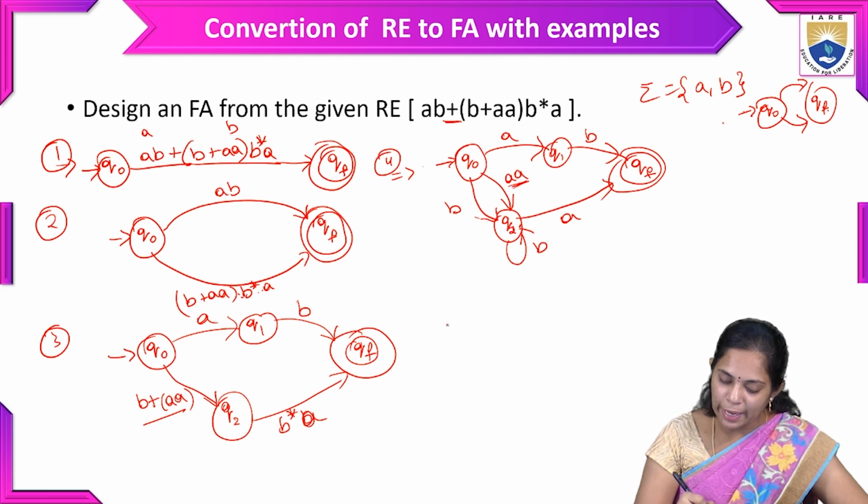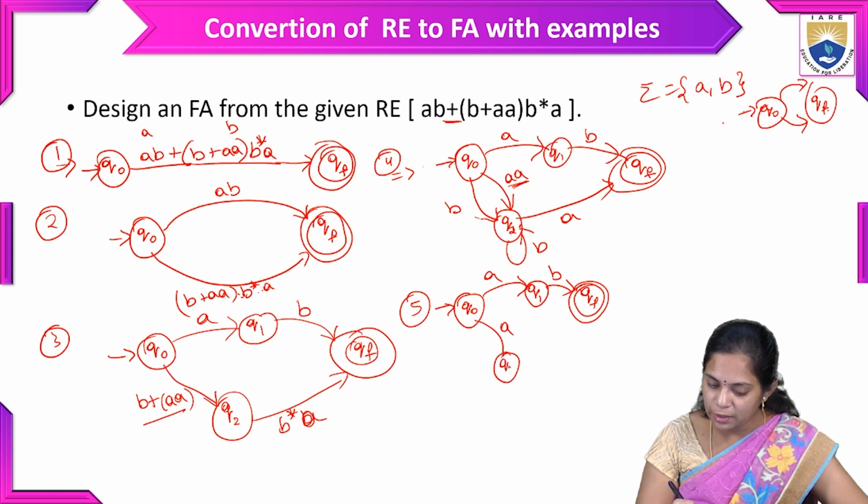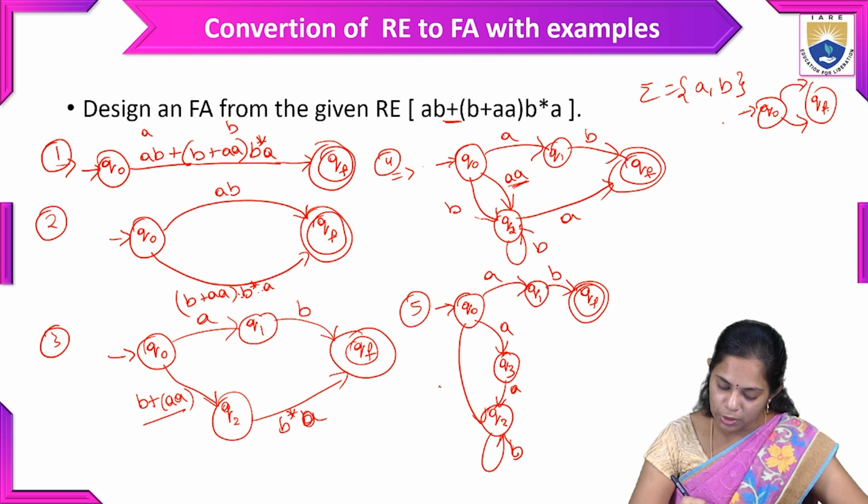So after solving the A, we have to add one more state to this one, and the fifth step: Q naught, and here A, Q1, and QF, B as an input, and it is reaching A. One more state is added here, name it as Q3, and A, it is reaching the final Q2 state with the B, and here I am meeting A as an input, and here only 1.